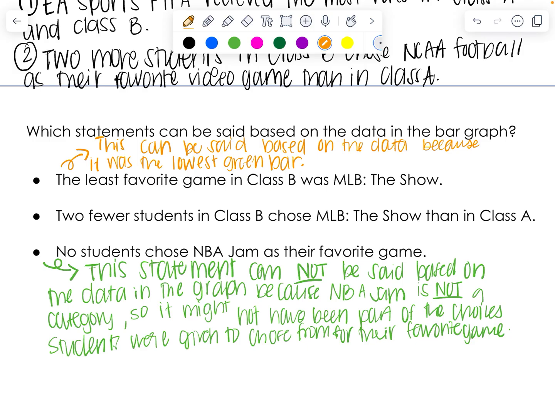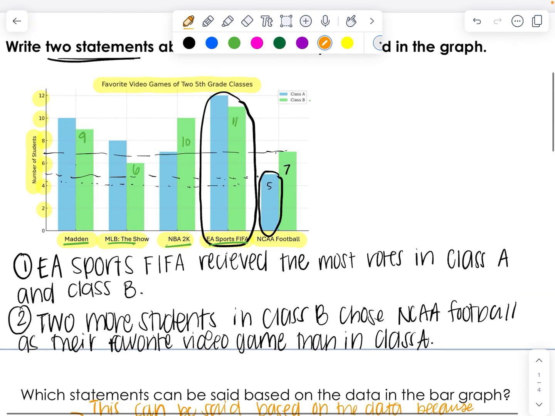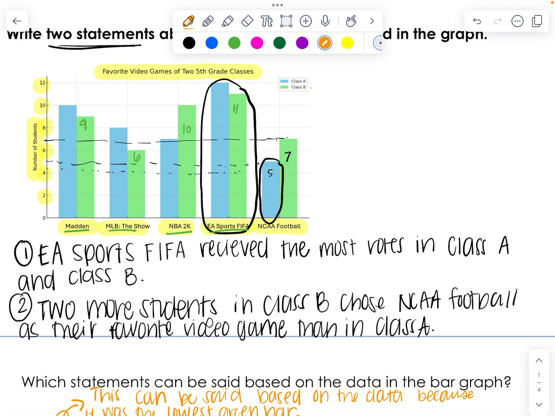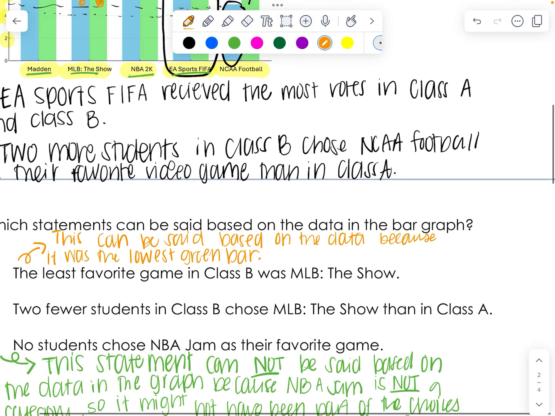All right, last one. It says 2 fewer students in Class B chose MLB The Show than Class A. Back to this one: we said 6 in Class B, and it says 8 in Class A. So, perfect.